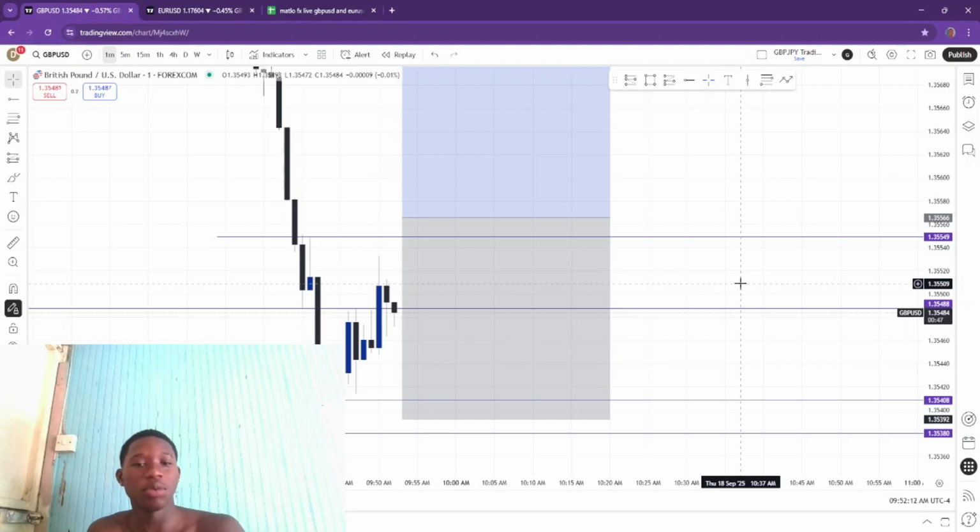I don't think that trade setup will play out. Because if that 1 hour closes below that low, then we cannot take uptrend trades.